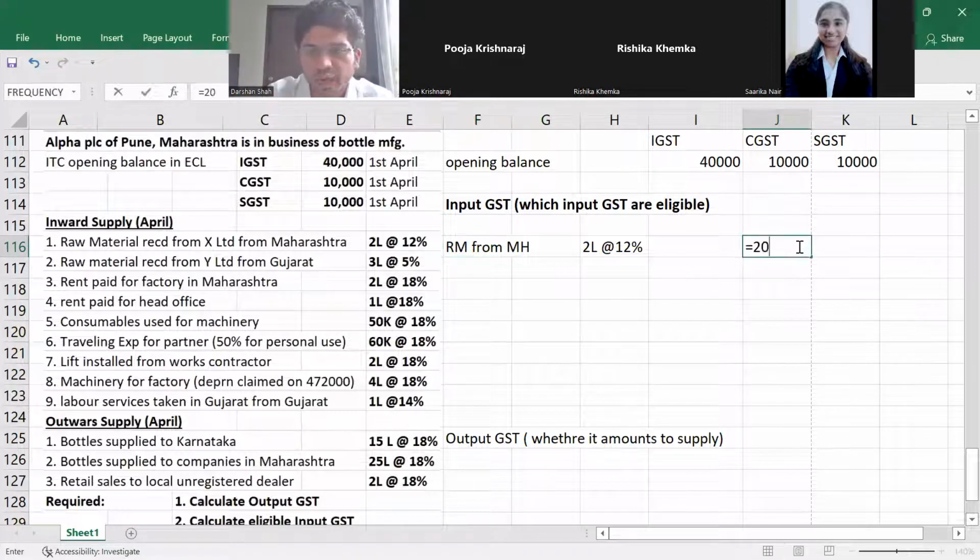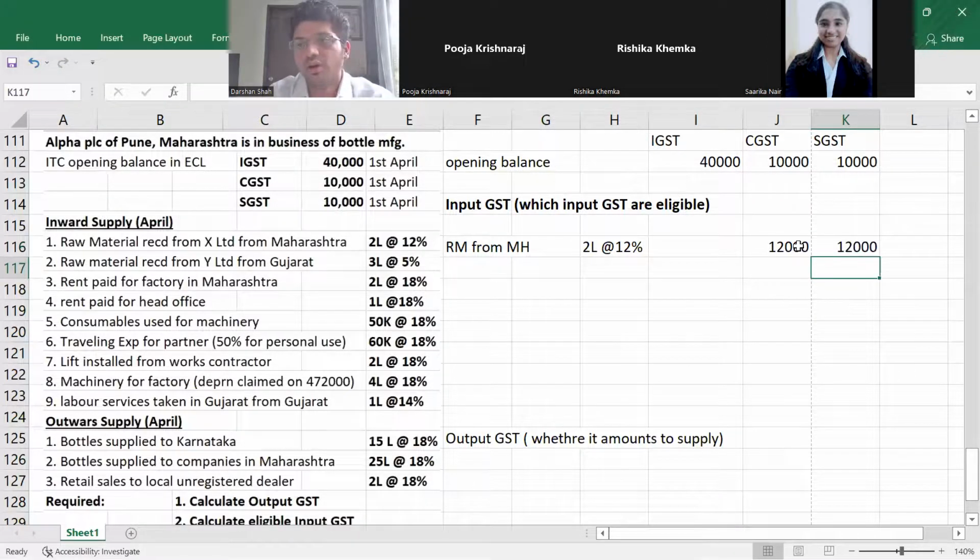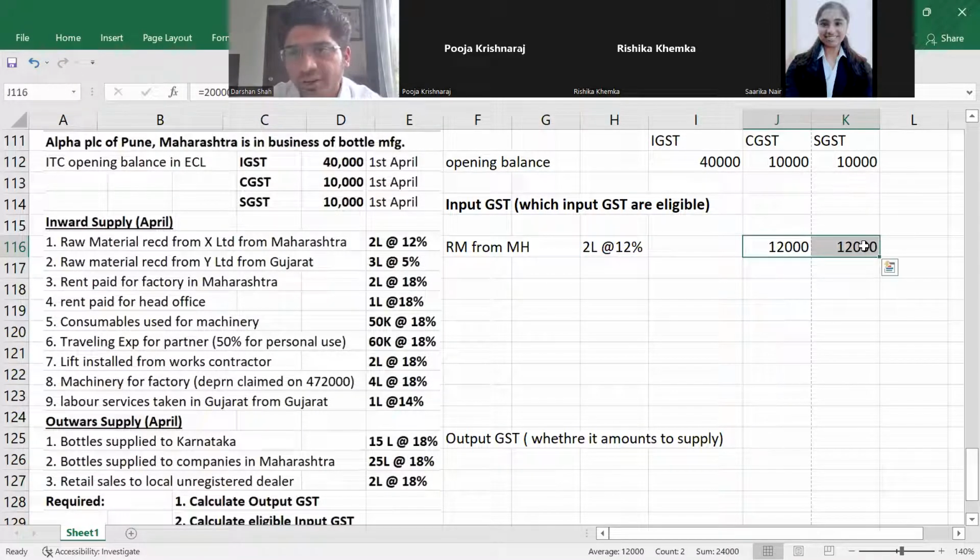So 2 lakh into 6% will go for CGST and 2 lakh into 6% will go for SGST. This is the eligible input, a simple raw material, and it is intrastate, so the 2 lakh into 12% will be bifurcated between CGST and SGST.